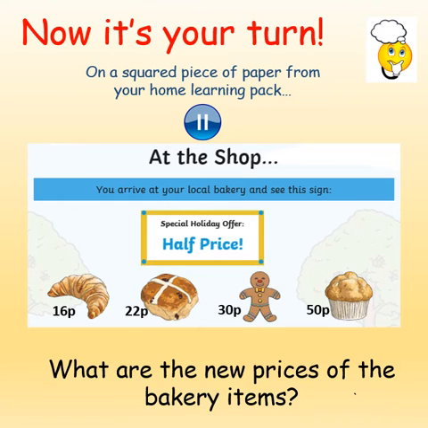But because it's a special offer, all of those items have been halved. So I need you to find out what the new prices would be. What would the half price be for the croissant, for the hot cross bun, for the gingerbread man and for the muffin? Pause the video here and have a go.